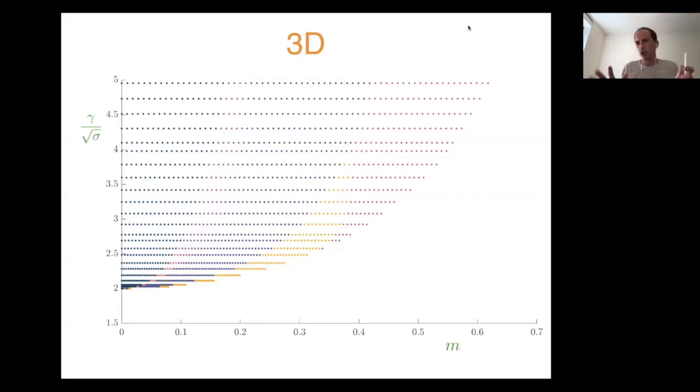And then we also zoomed into the borders between the different regions and did things a bit more precisely, which we do not show in this picture. This picture is supposed to convey that we did a lot of points and then colored them according to what we found as the lowest energy.